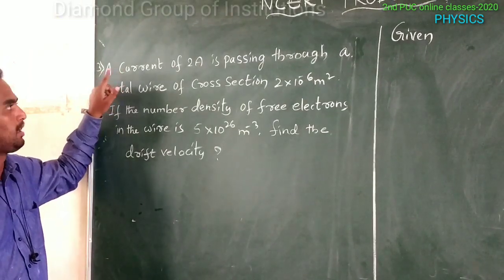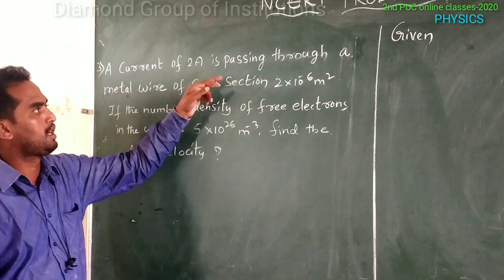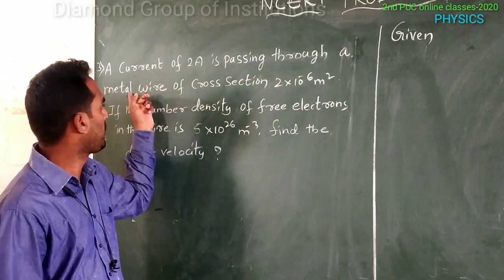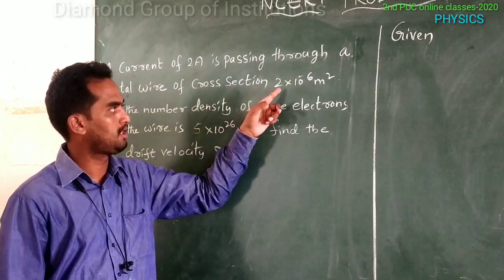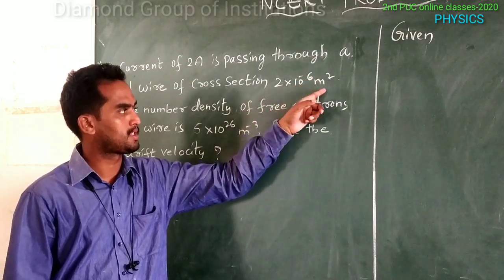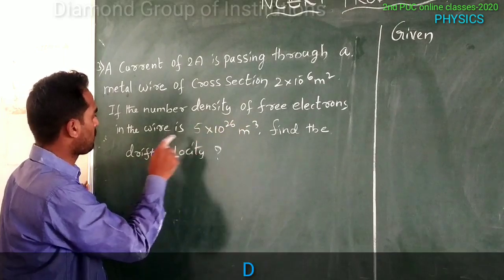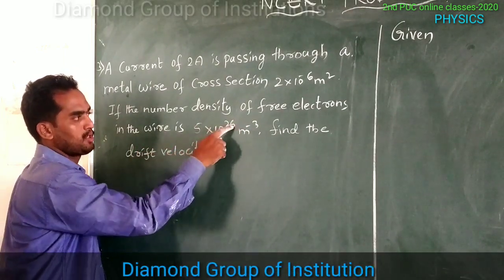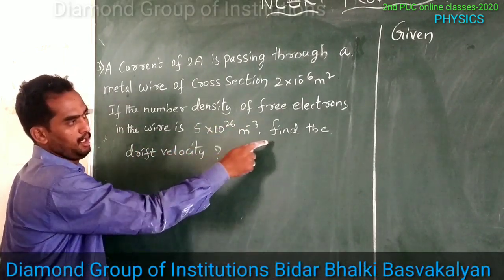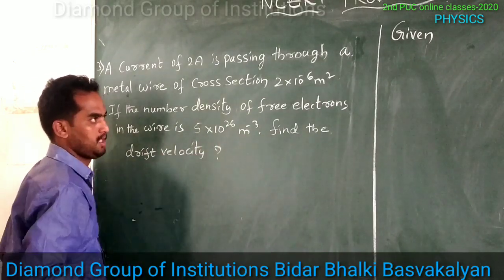Problem number 3. A current of 2 ampere is passing through a metal wire of cross section area 2 into 10 to the power minus 6 meter square. If the number density of free electrons in the wire is 5 into 10 to the power of 26, find the drift velocity.